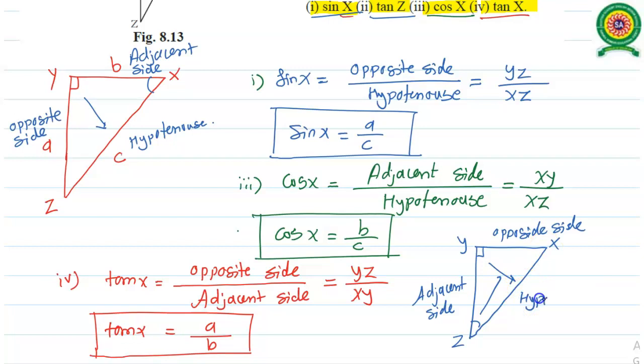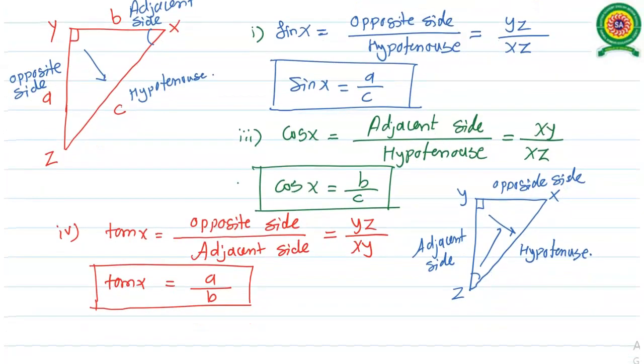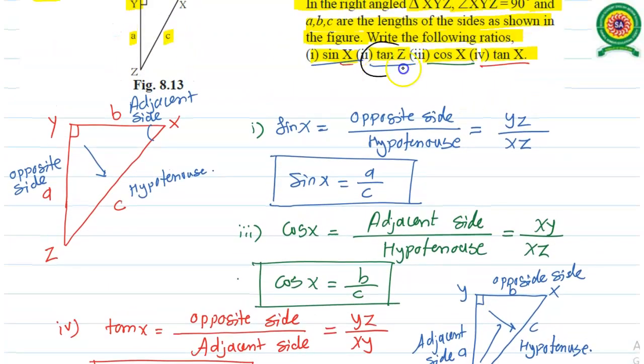So I am writing hypotenuse. Now we have the value of XY is b, value of YZ is a, and value of XZ is c.